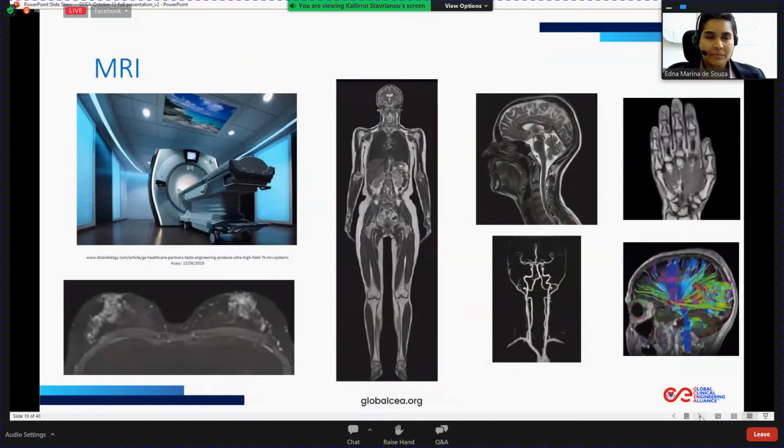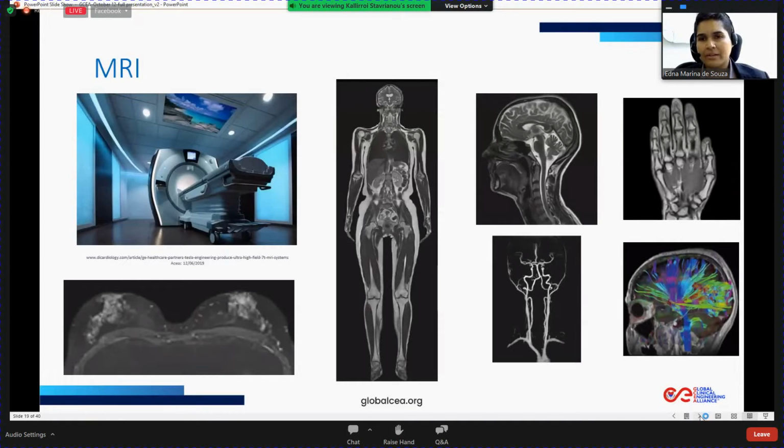Next, please. MRI is a medical imaging technique based on high-intensity magnetic fields, gradients, and radio frequency pulses, as previously discussed. The method allows the generation of images of different types, such as structural, functional, water diffusion-based, and others, providing different information about the human body in health and pathological conditions, especially when we consider the soft tissues of the body.